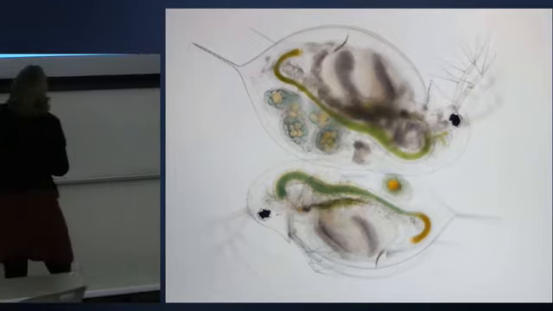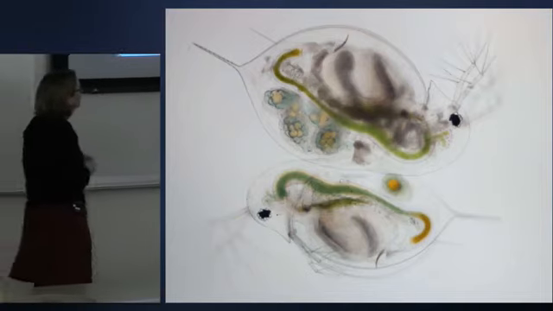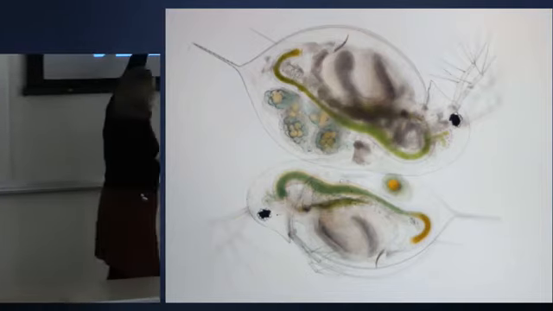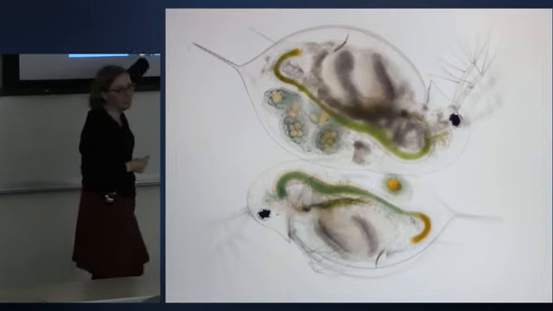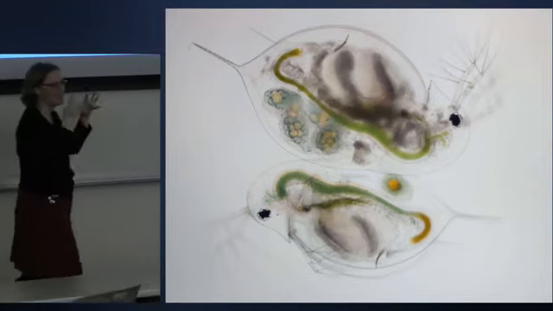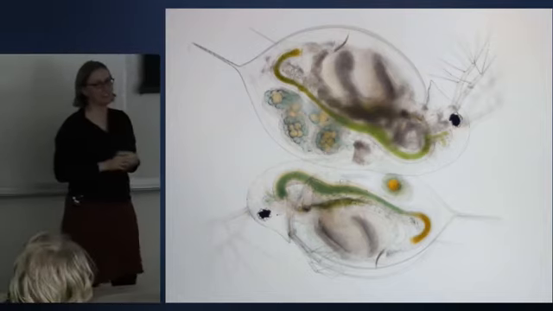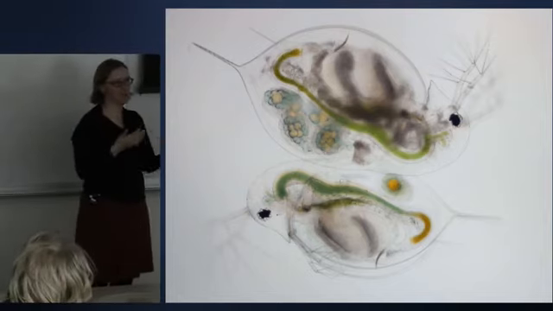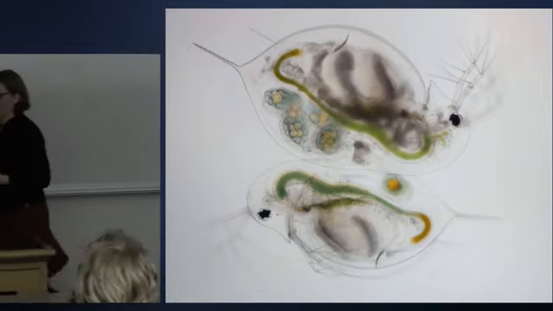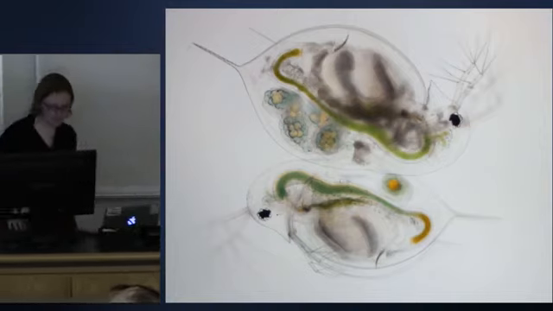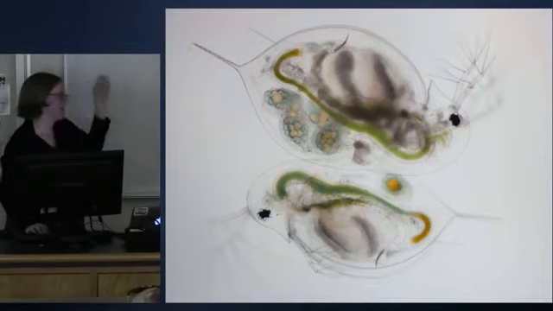If you look at her length, she's not as long as the other one. She only has one baby in her brood chamber instead of a whole ton of babies in her brood chamber. But she's not infected. And that one is. She has all this fungal parasite growing around her heart. So there are definitely some interesting trade-offs going on for these organisms in terms of what foods lead to the highest fitness. Also, Daphnia are pretty.